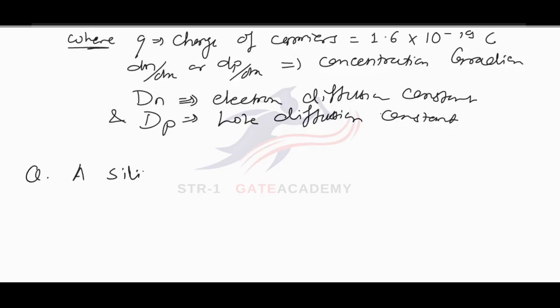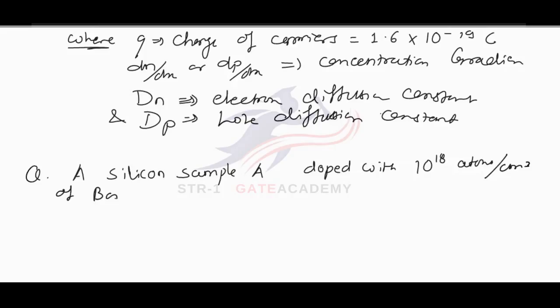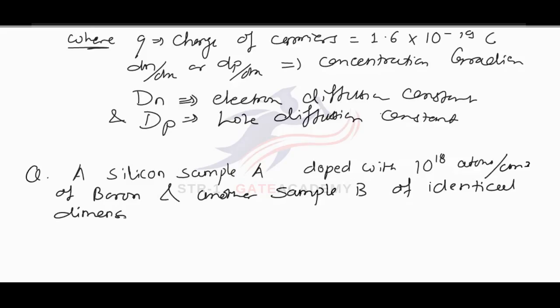A silicon sample A is doped with 10 raised to power 18 atoms per centimeter cube of boron, and another sample B of identical dimension is doped with 10 raised to power 18 atoms per centimeter cube of phosphorus.